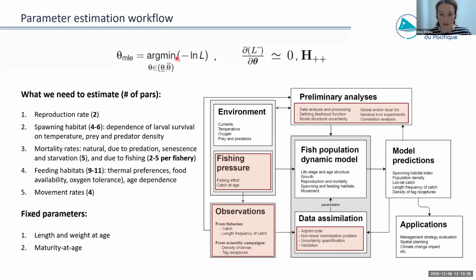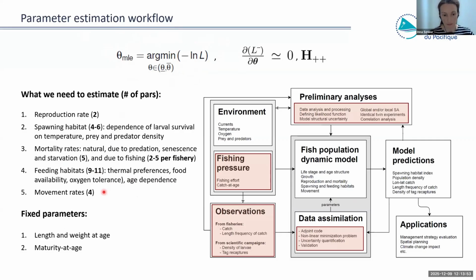The parameter estimation workflow itself is more complex than just estimating parameters given this formula, because we want to know whether the parameters can be observed from our data. Since the model has higher dimension, we need to observe the processes across all dimensions.